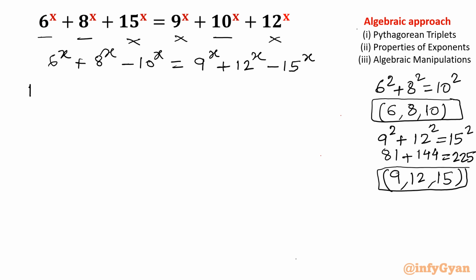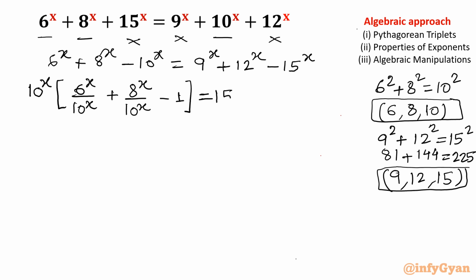If I take 10^x common, what will be left inside the bracket? 6^x over 10^x plus 8^x over 10^x minus 1 equals 15^x common, so 9^x over 15^x plus 12^x over 15^x minus 1.